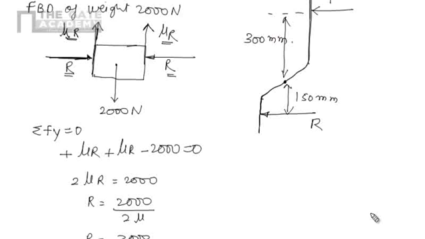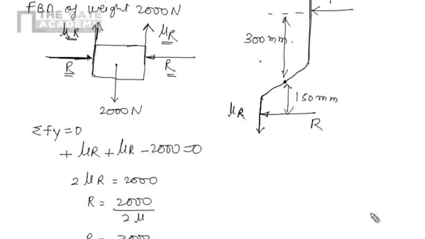Now if we consider the frictional force here, its direction will be in that direction, that will be mu R. And if you see, the distance between the hinge and this is very negligible, so the moment caused by this will be negligible.